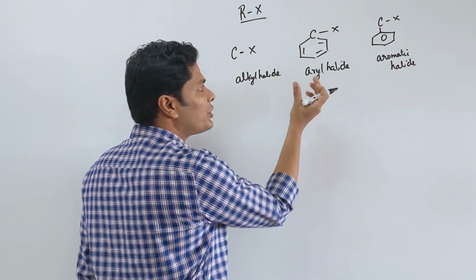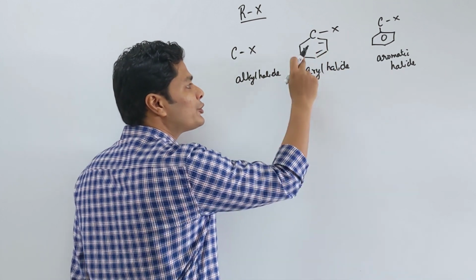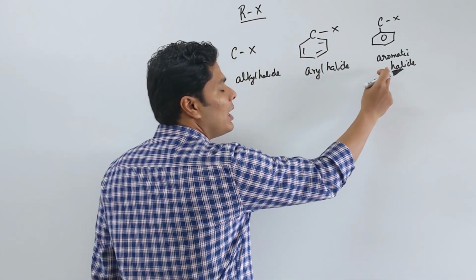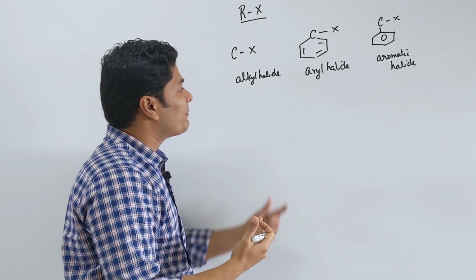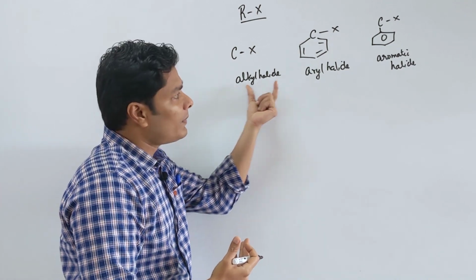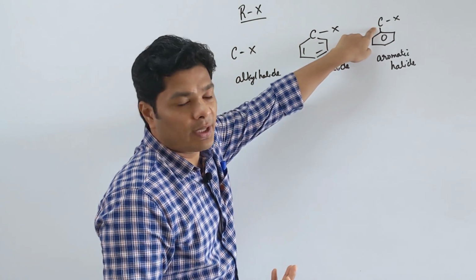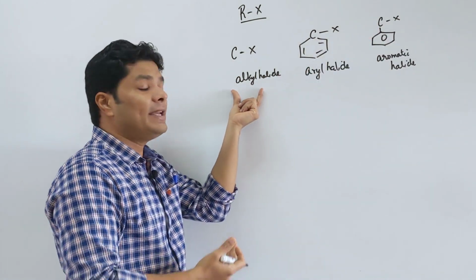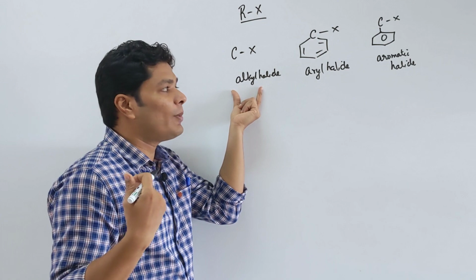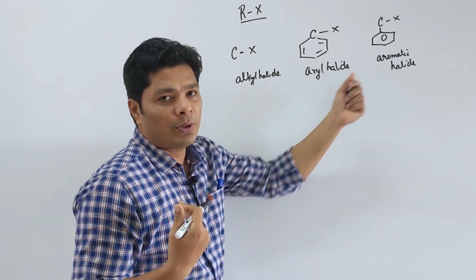An aryl halide is strictly when the halogen is attached to the ring itself, whereas an aromatic halide is an alkyl halide, carbon attached to X and the carbon is not part of the ring, where in that molecule there is some aromatic ring. So that is an aromatic compound itself.